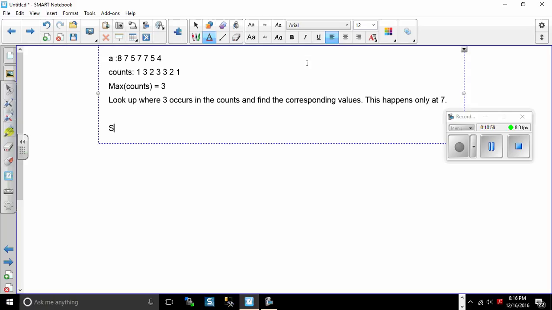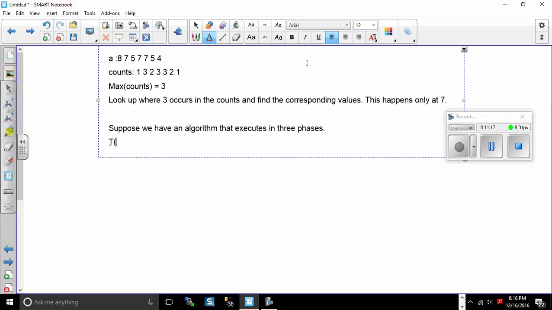Suppose we have an algorithm, some arbitrary algorithm, that executes in 3 phases.